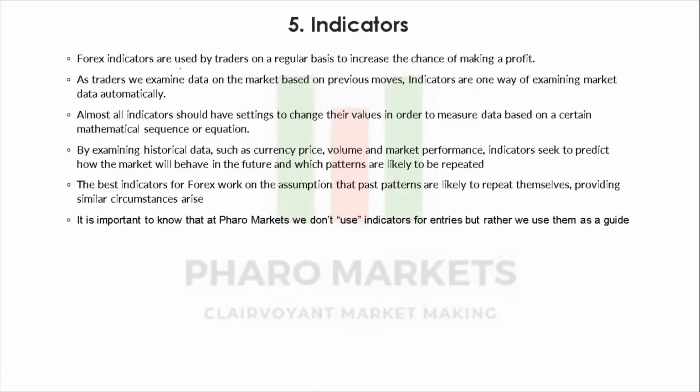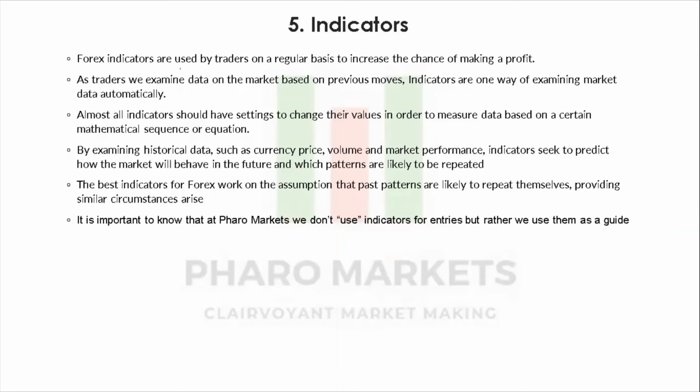All indicators should also have settings to change their values in order to measure data based on a certain mathematical sequence or equation. By examining historical data such as currency price, volume, and market performance, indicators seek to predict how the market will behave in the future and what patterns might be repeated.